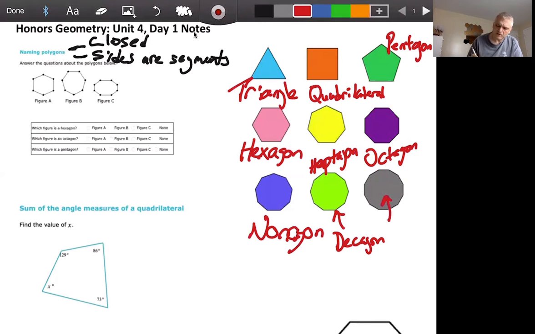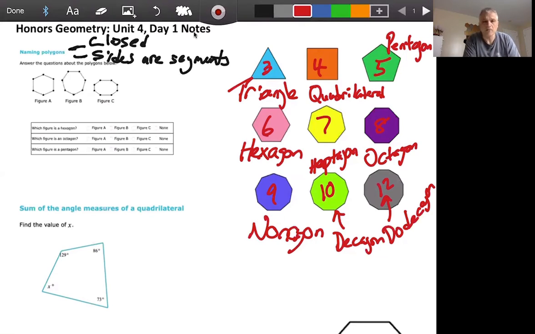But just for the heck of it, that's a dodecagon. 12 sides. So 10 for decagon, 9 for nonagon, 8 for octagon, 7 for hep, 6 for hex, 5 for penta, 4 for quad, and 3 for triangle. With that in mind, this first topic should be pretty straightforward for you.